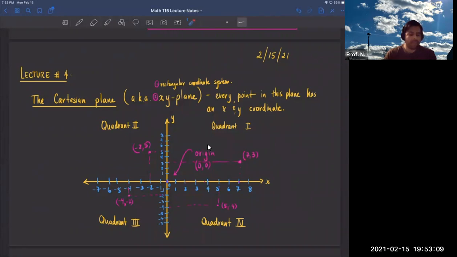And the Cartesian plane, this word Cartesian comes from the well-known, renowned mathematical thinker. He's more known as a philosopher, Rene Descartes. I'm not French, so I don't really know how to pronounce his name exactly as it should be, but he's well known for his phrase, "I think, therefore I am."